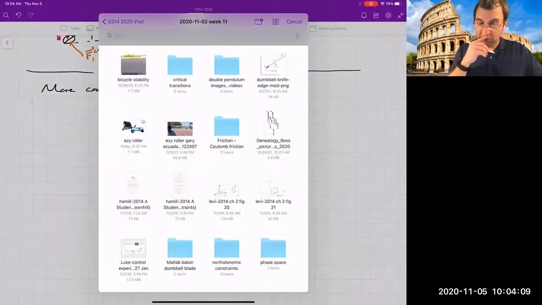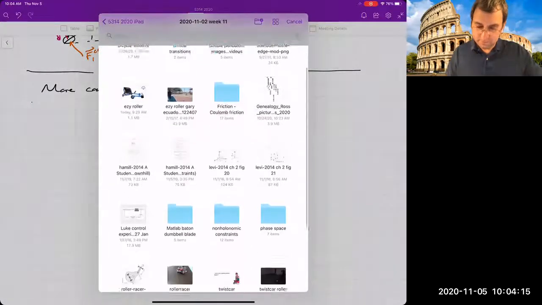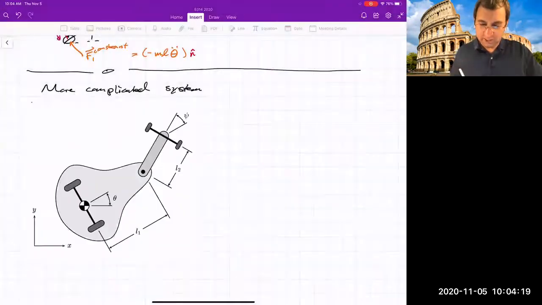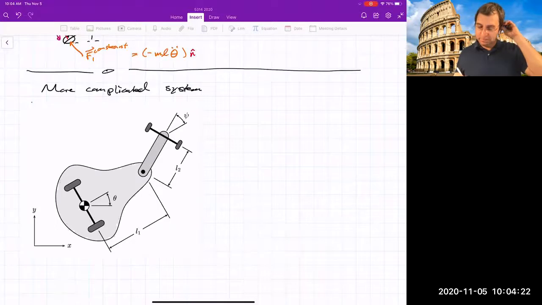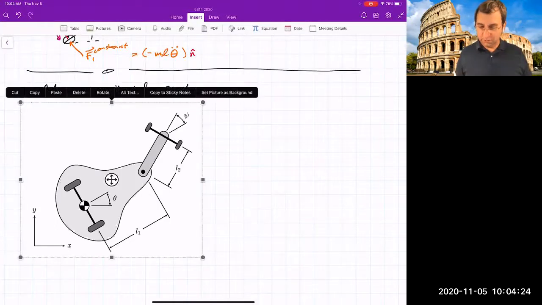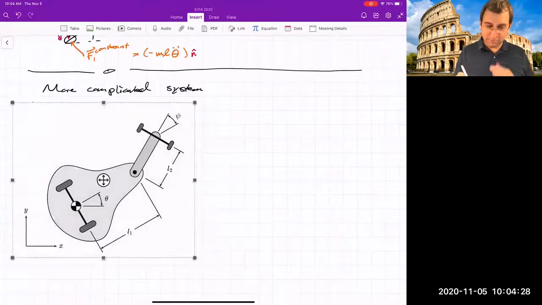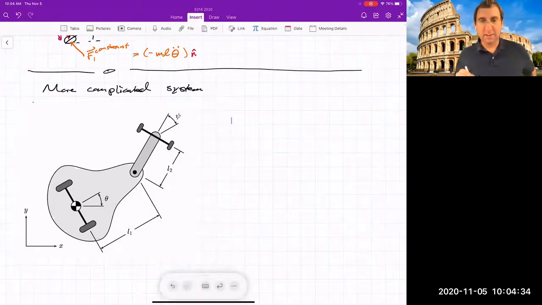I won't show you the commercial because it's pretty bad. The first devices were called the roller racer because, and they kept saying in the commercial, how does it go? How does it go?